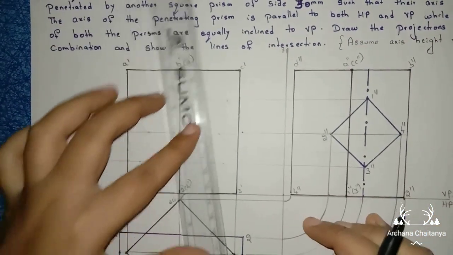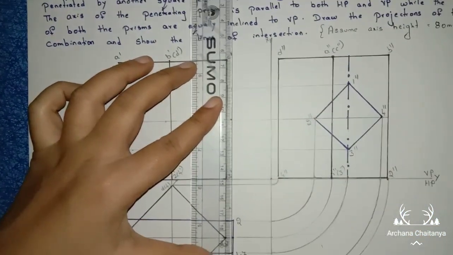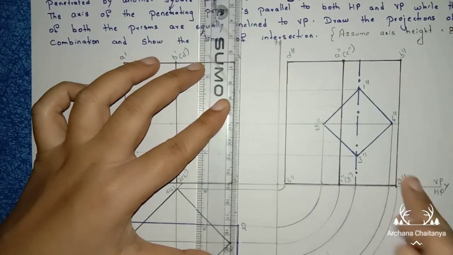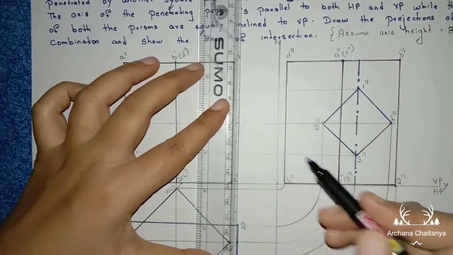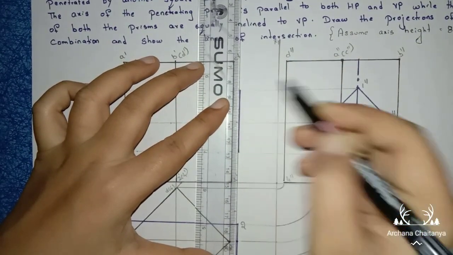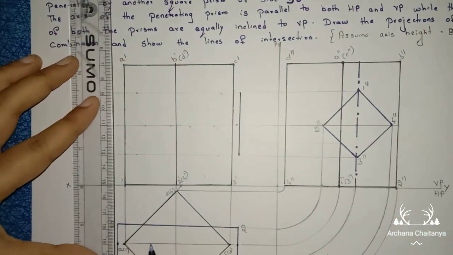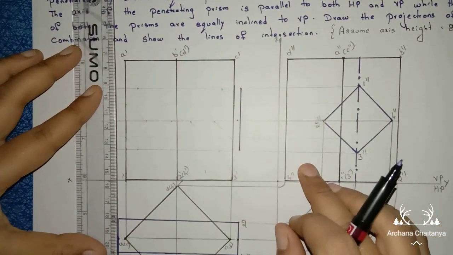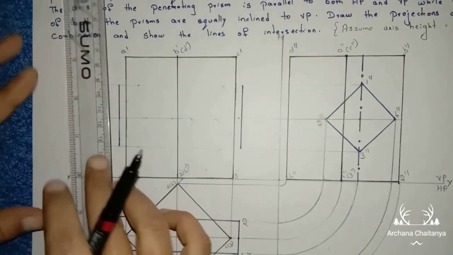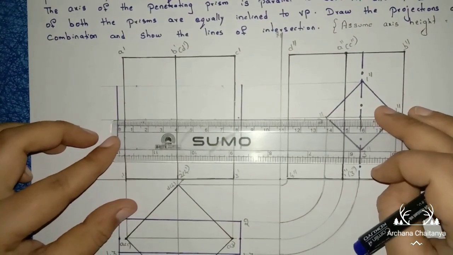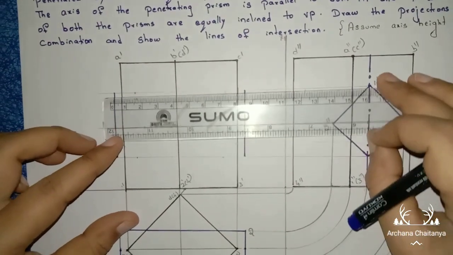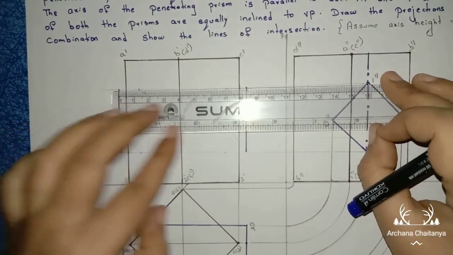Right, or else from this point, see, from this point you can join this 1 double dash to 3 double dash. From this point, join this one. Right, again from this point here, this height, join this one. Right, now see here, total is 80 here. Right, now join this one.